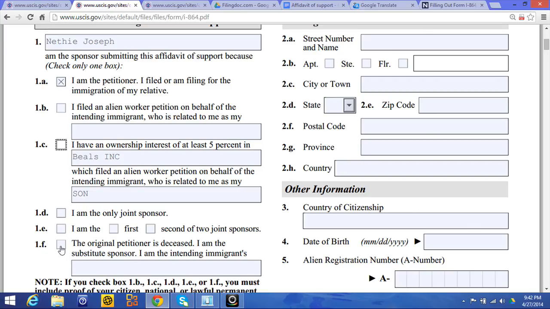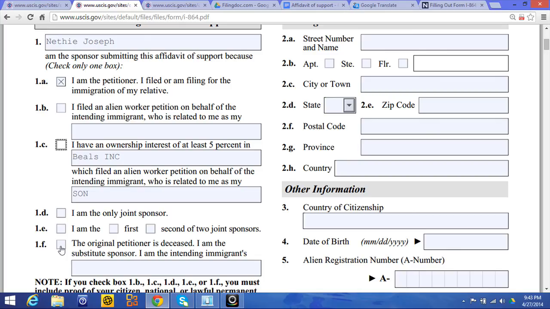The substitute sponsor, as well as the joint sponsor, if there is one, has to be a U.S. citizen or lawful permanent resident, and also has to be more than 18 years old.